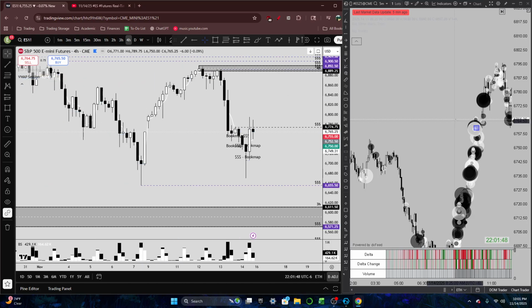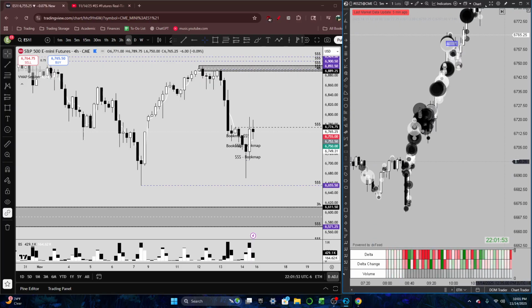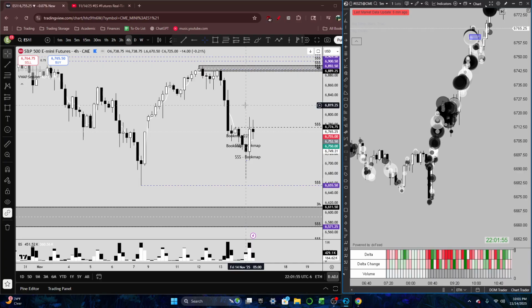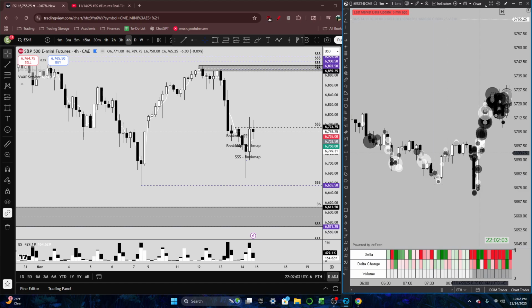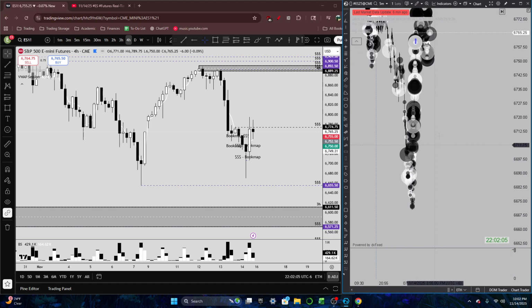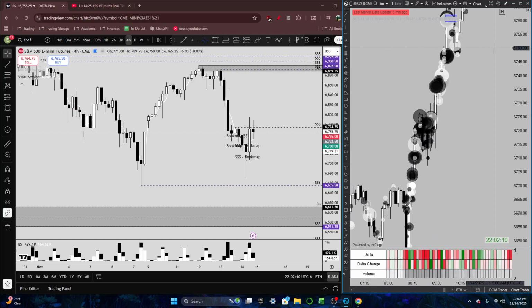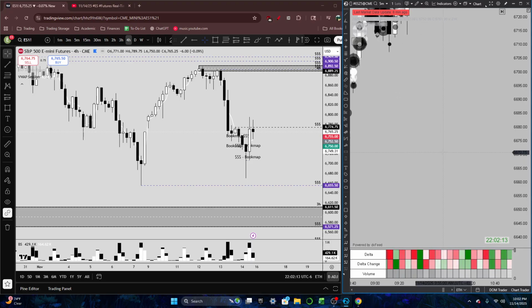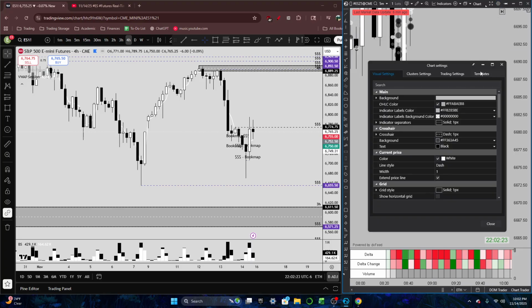But rather, instead of volume, let's use delta. That will probably be much better. So what am I choosing? Yeah, right there. Adjust my settings. Give me 1 second.